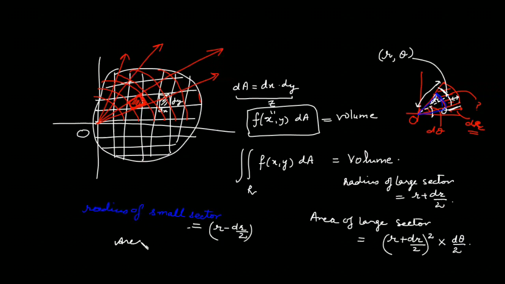So what is the area of the small sector? The area of the small sector will be radius square into half of the angle. So if we subtract the area of the small sector from the area of the large sector, we get the area of this small portion.